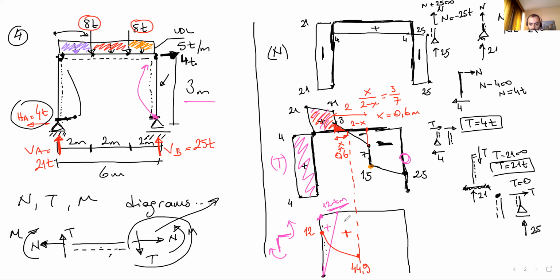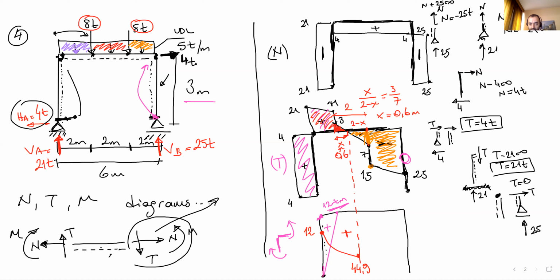Now we have to calculate the area at the right hand side, which is the negative portion of the shear force diagram. This is a complicated area, but make it simple.